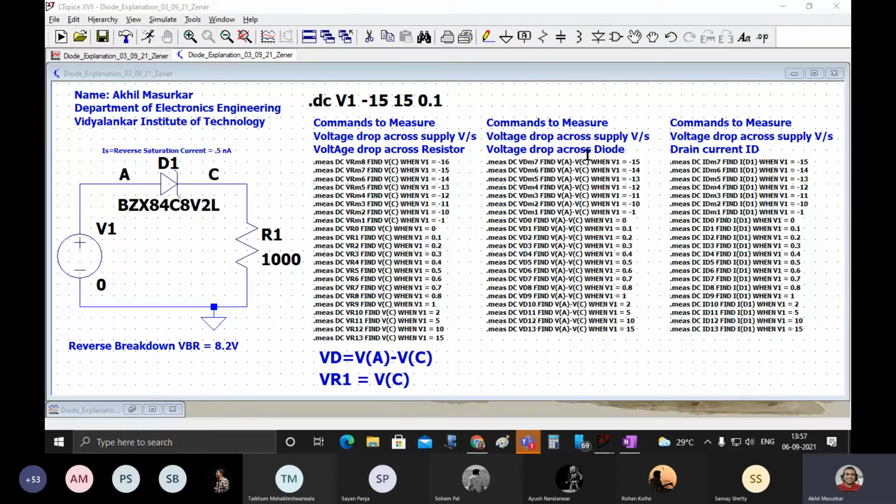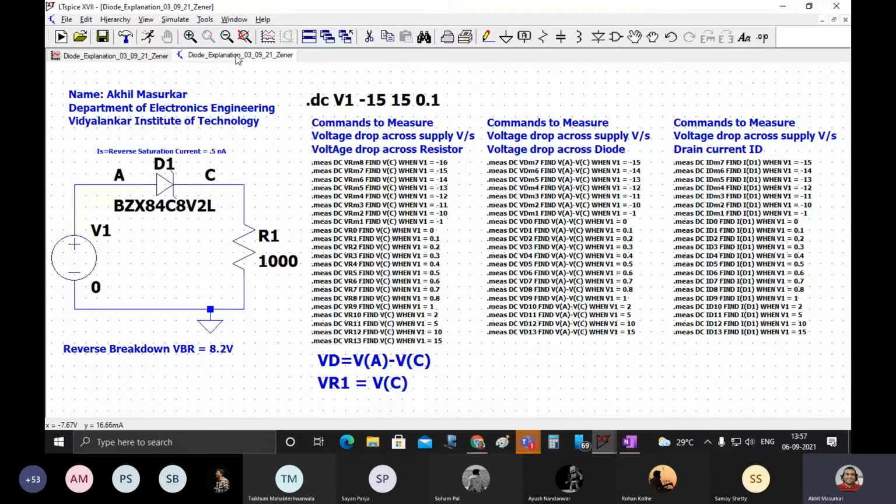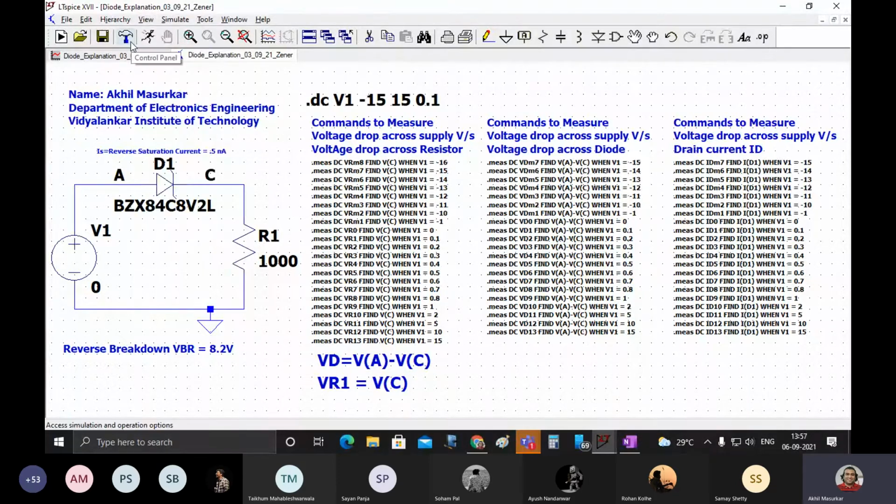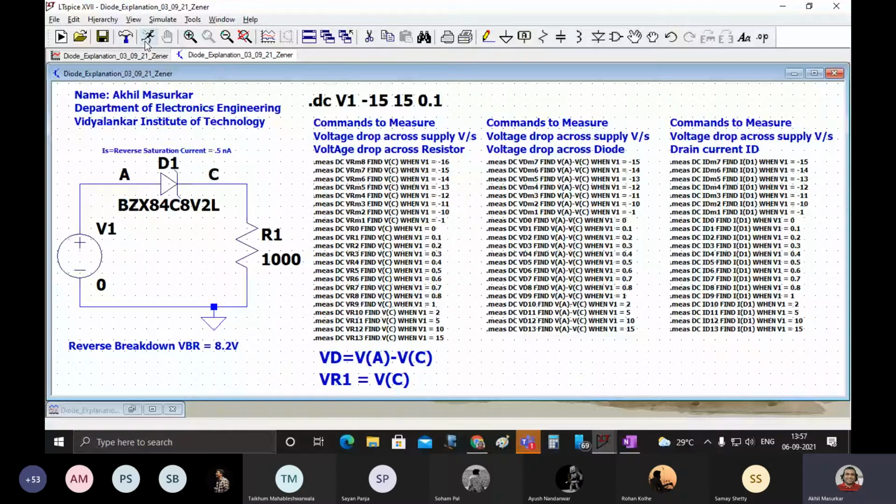So now you show me the characteristics, the code, and the spice file. I will wait for 5 to 10 minutes so that you complete this. Everybody should do this and put it in the chat box. If you have any doubts, just unmute and ask. In lab session, just consider that I am standing beside you and asking you some questions, and you are also asking me questions in return.